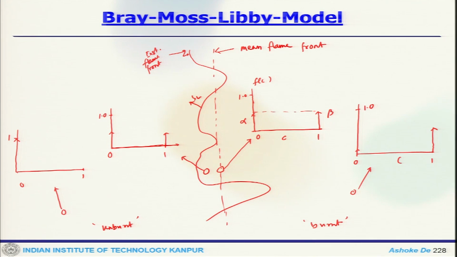So, you can see that when you look at the instantaneous flame front at different situations, this is completely at the unburnt stage, how this function is behaving, the probability distribution function. This is somewhere within the reaction zone, this is at the mean flame front, this is at the burnt state completely.